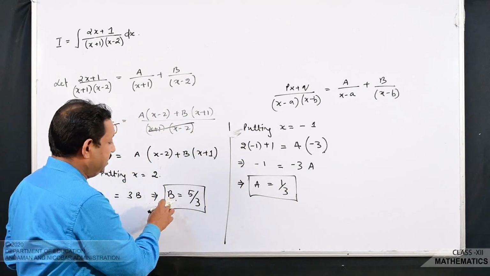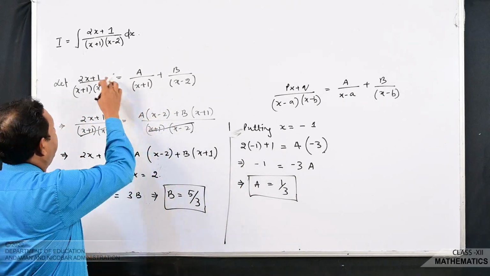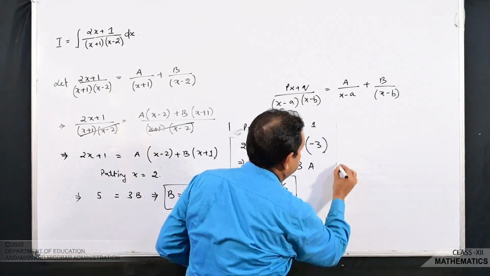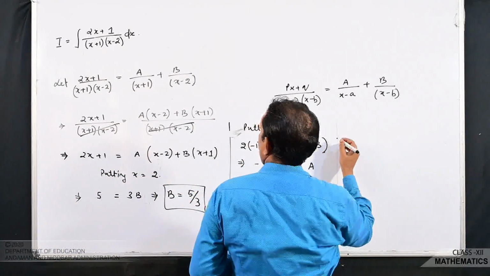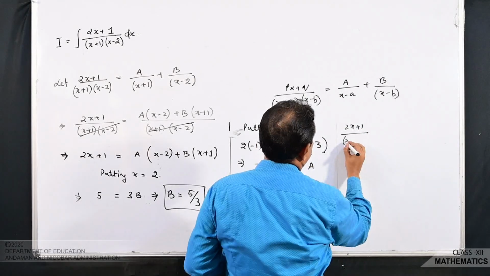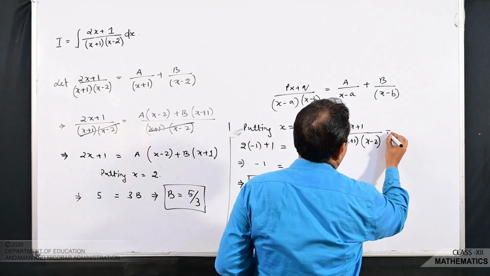Now I can replace this a and b here and rewrite the integrand. That is (2x plus 1) by (x plus 1)(x minus 2) equals a, what is a?